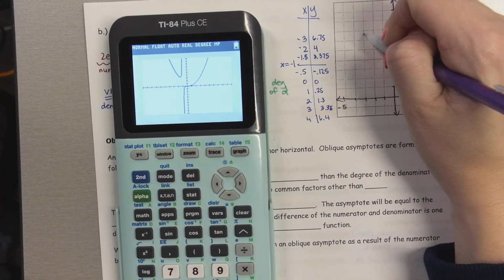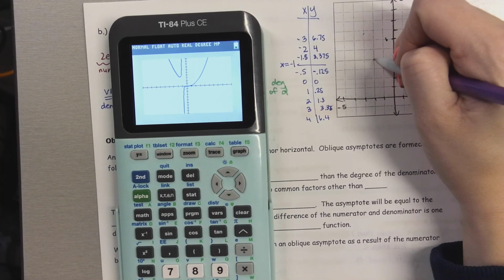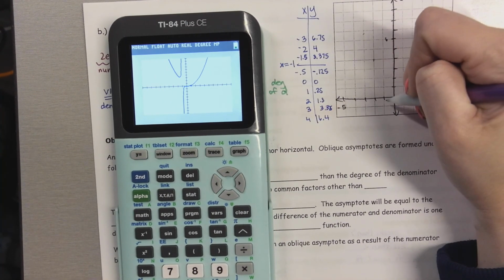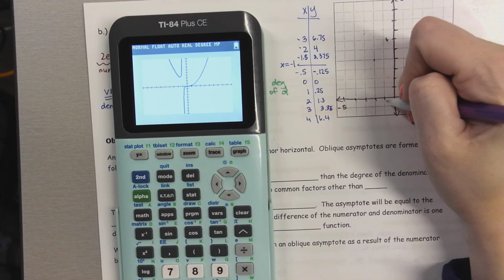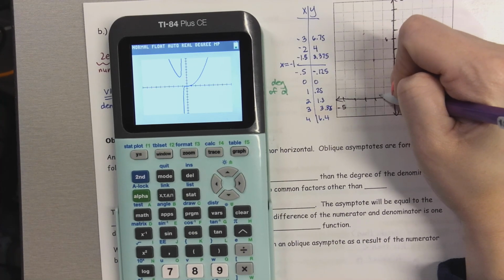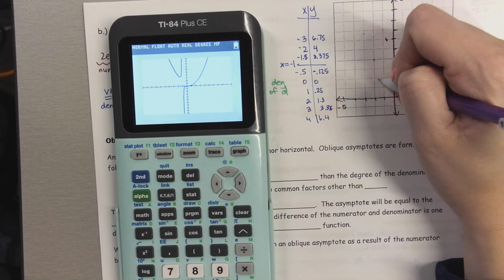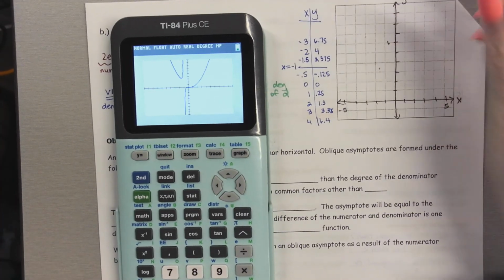Okay, so I'm going to plot -3, 6.75. At -2, I'm at 1, 2, 3, 4. And then at, oh, sorry, I forgot. I like to do my asymptotes first, but I didn't. And then 1.5, I'm at 3.375.